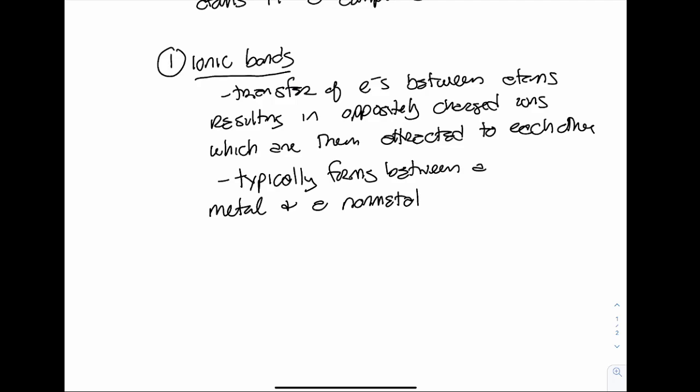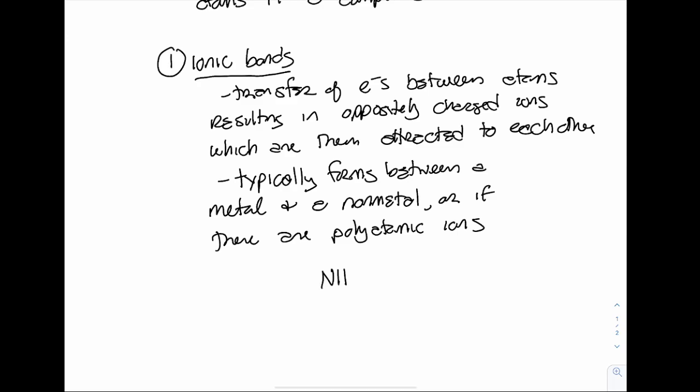There is an exception to that, and that's polyatomic ions. If there are polyatomic ions, it could still have a metal and then maybe a negatively charged polyatomic ion, but an example where you're not going to see that is if I had, let's say, ammonium chloride.